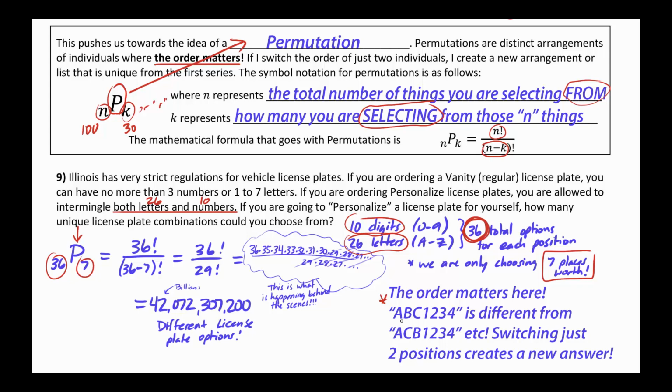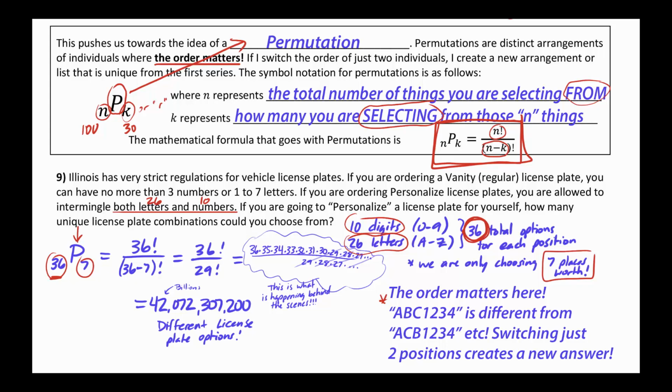Even though they have the same letters overall, the order matters. Switching 2 positions creates a new license plate. Because that order matters, we're using a permutation. So going back to my formula right up here, I have n factorial, which is the first number, so 36 factorial, divided by n minus k, so 36 minus 7.